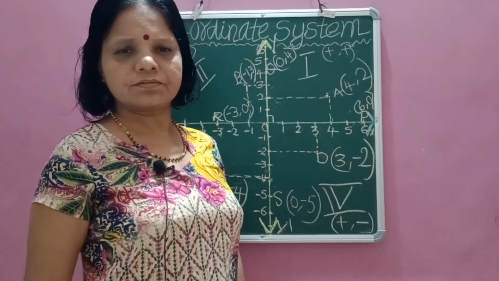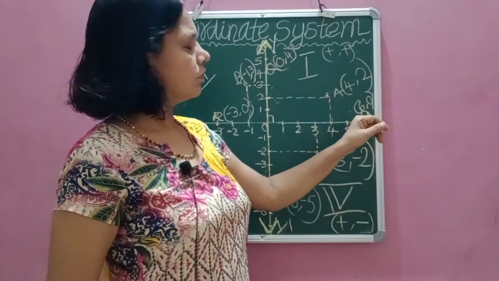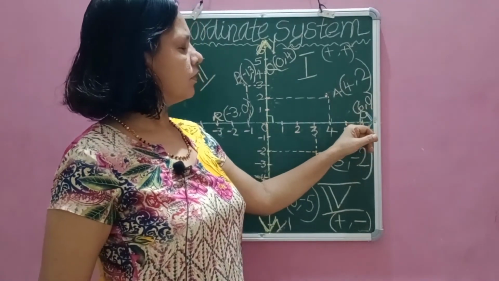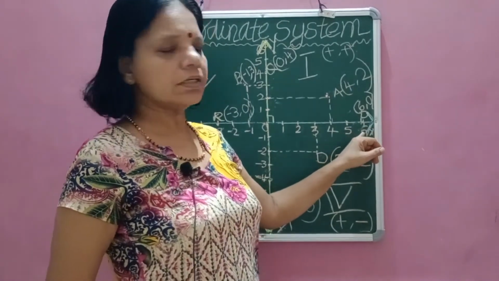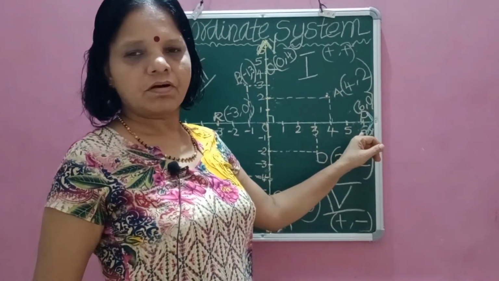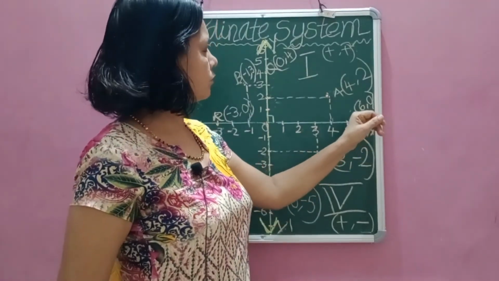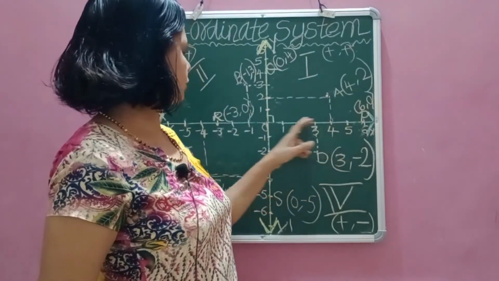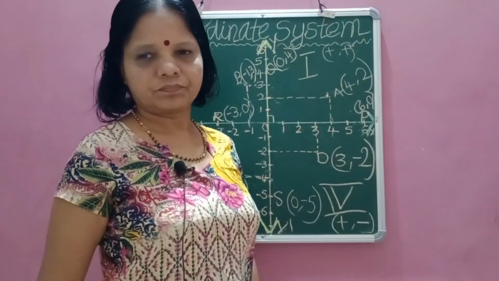What does it mean? The coordinate with respect to x-axis is 6. That is, the point is on the number 6 on the axis. And with respect to y-axis, it is 0.